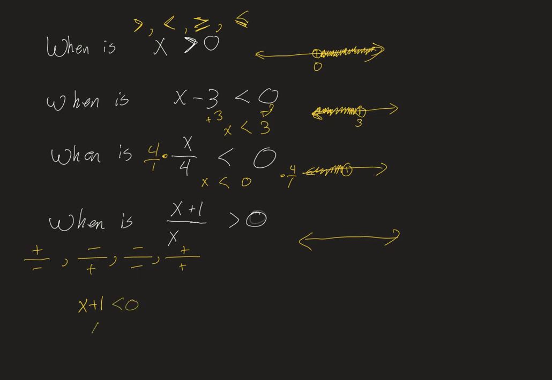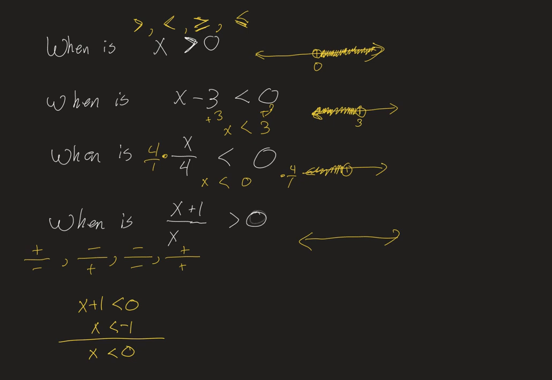Subtract 1, x is less than negative 1. So that's the numerator. The denominator is x, so I also need x to be less than 0 because, again, that's what it means to be negative. So when x plus 1 is negative and x is negative, I'll have negative over negative, and that's a positive.